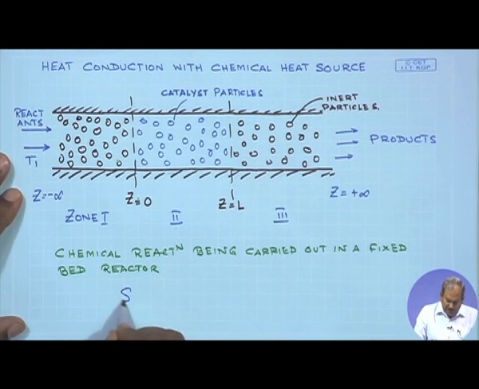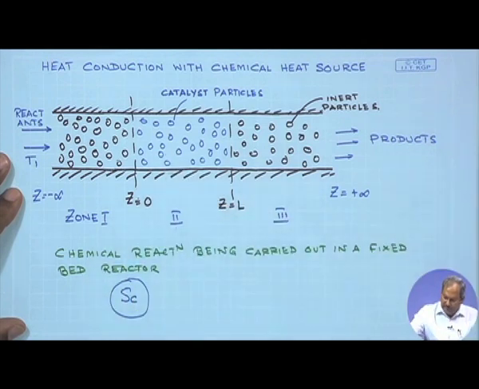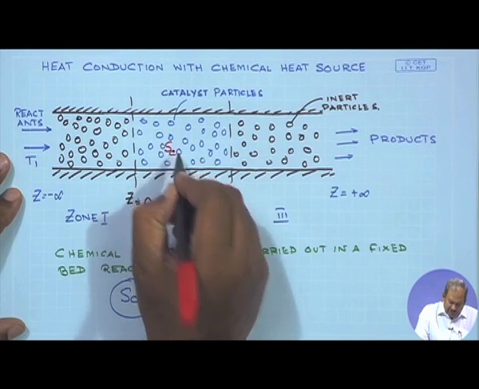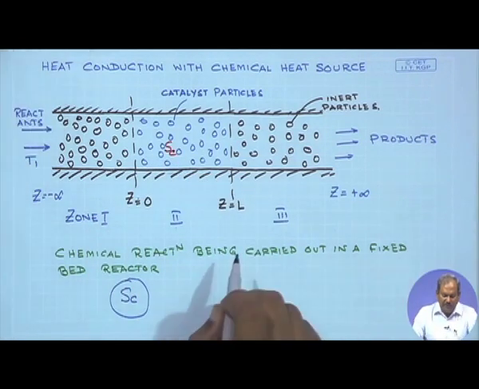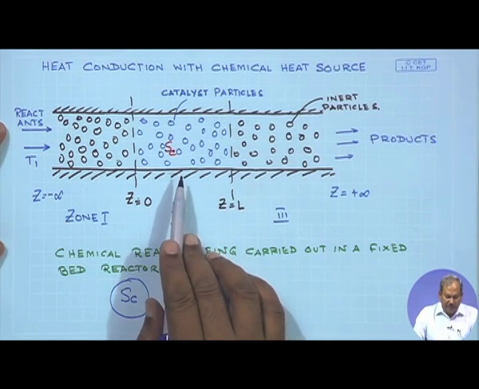So, we would assume that there would be some amount of heat generation or consumption of heat, which has been denoted by SC. SC is the volumetric heat generation if it is an exothermic reaction that is taking place inside the reactor containing the catalyst particles.